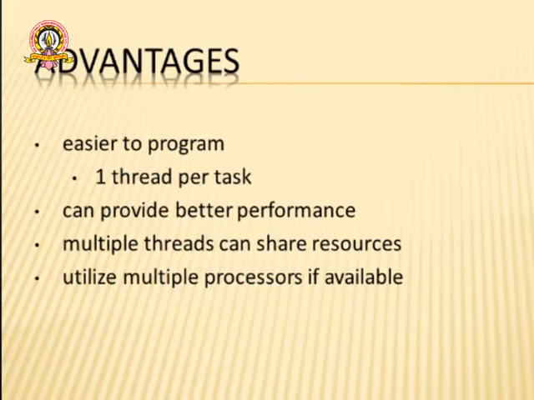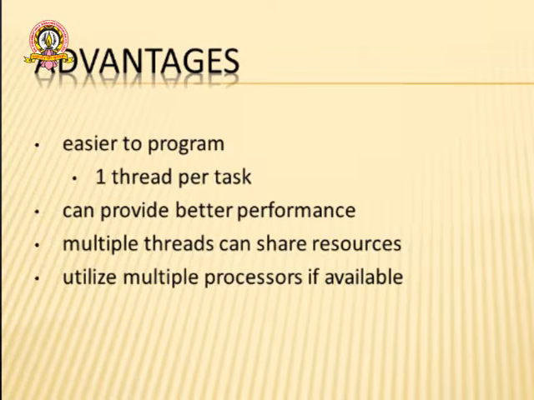Speaking about the advantages, having only one single thread do all the tasks is not advantageous, because I have so many things to do and that may be cumbersome for one single control, and the user may have to wait for too many seconds. So the work can be divided.